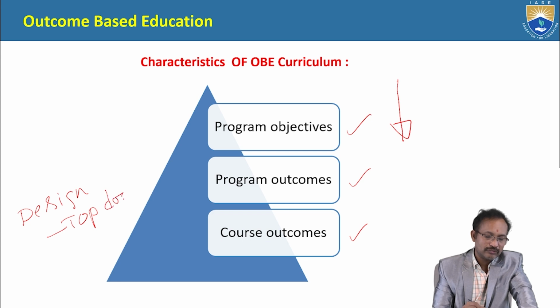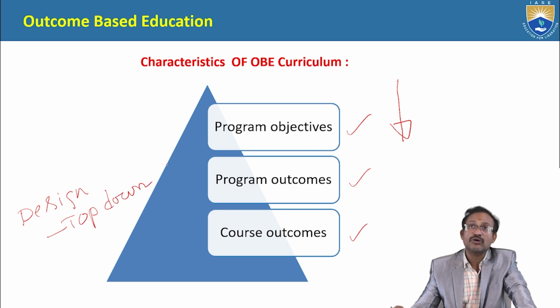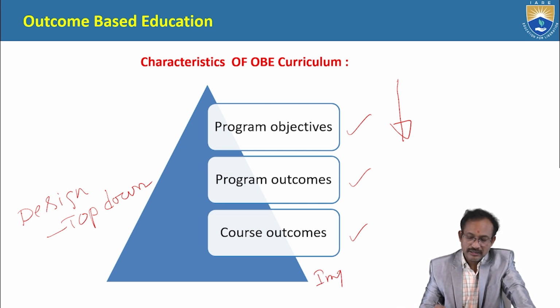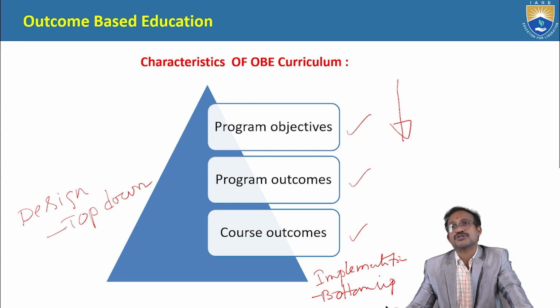That means first program objectives, next program outcomes, next course outcomes. But implementation is a bottom up approach.